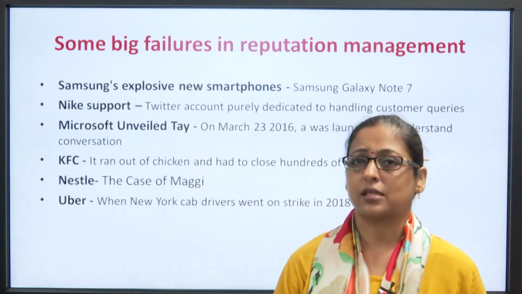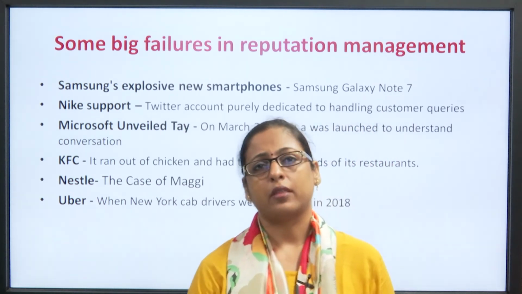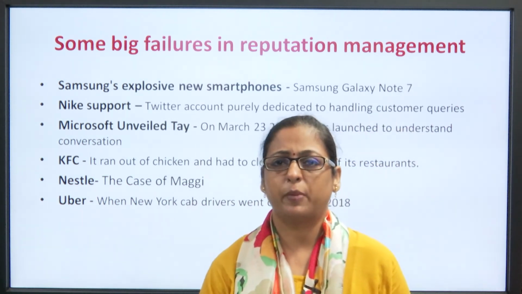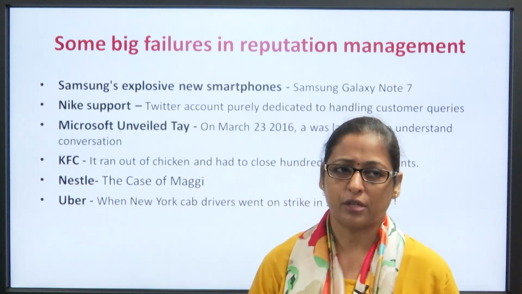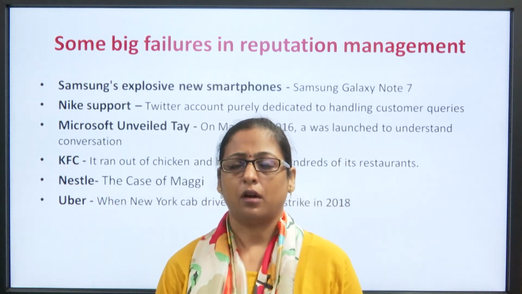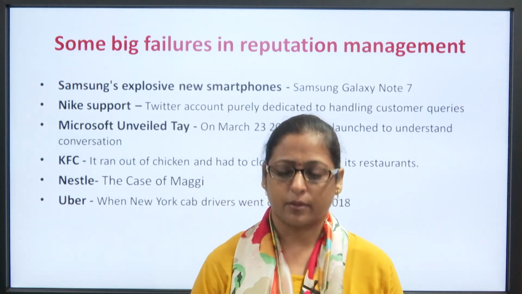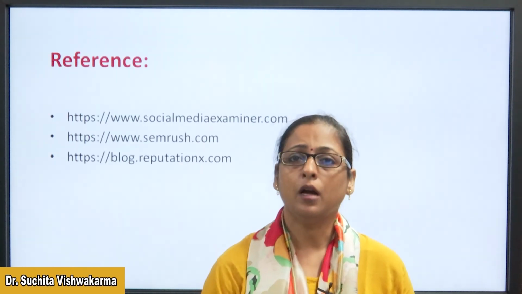Nike has a purely dedicated customer query handling section also. Then Microsoft, KFC, Nestle, Uber, all of these big companies have at some phase of time faced problems in their reputation management, but they were able to take care of it and overcome it also.